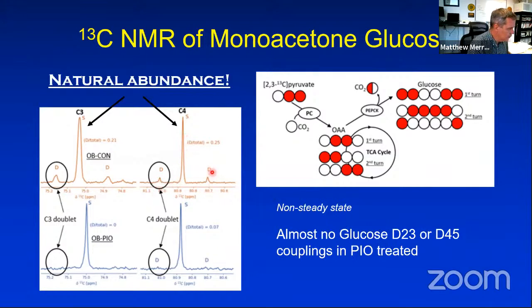Because we use this doubly labeled tracer, when we see this doublet, we know that it came from the tracer, but you can also see that this natural abundance is 8, maybe 9 times larger than this doublet. So we can estimate a fractional enrichment by our tracer that's really way under the natural abundance. And that is really the power of magnetic resonance.